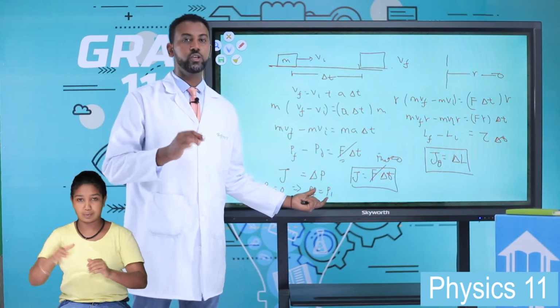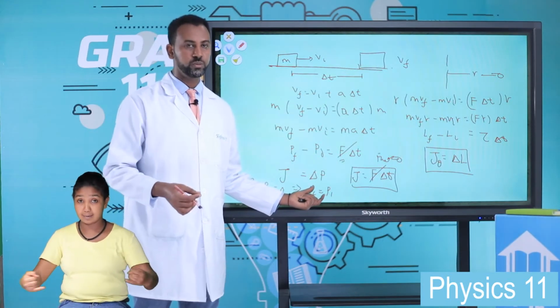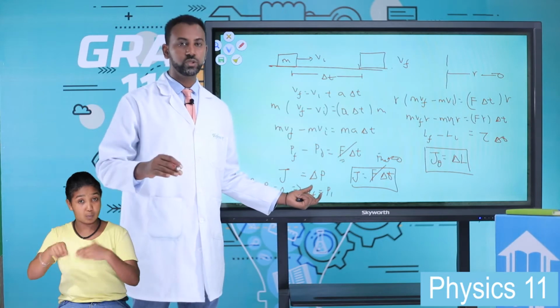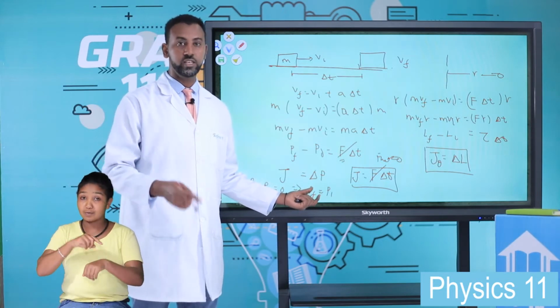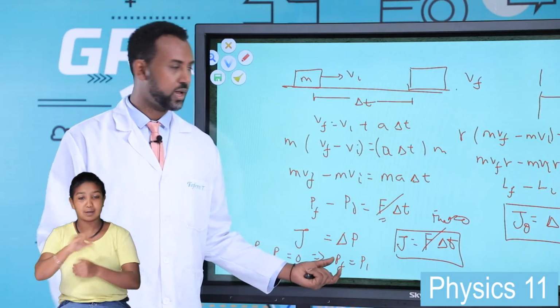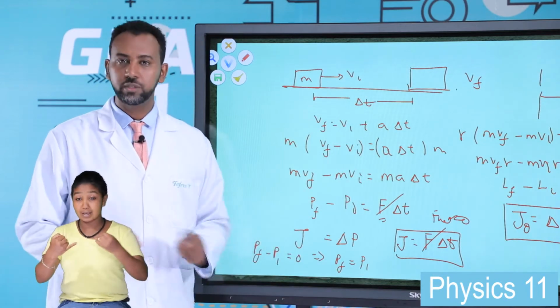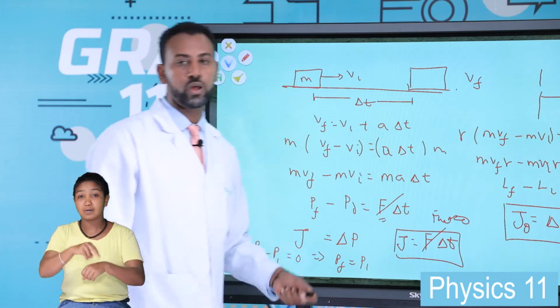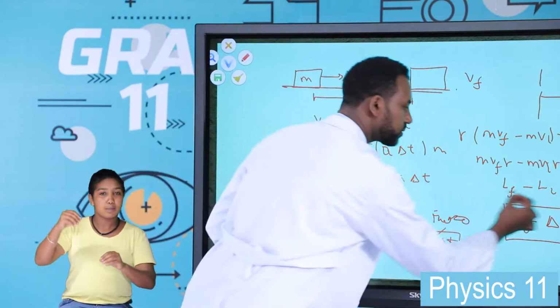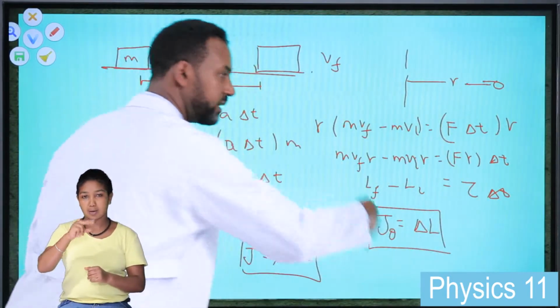So in your linear momentum concept, you have learned that momentum is conserved whenever there is 0 external force applied on it. Whenever there is no force exerted, the linear momentum is conserved. The same is true for angular momentum. What would happen to the angular momentum if there is a net torque?